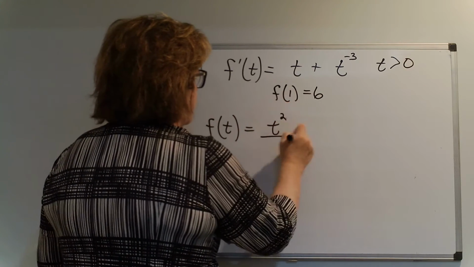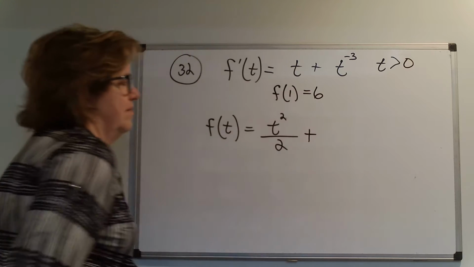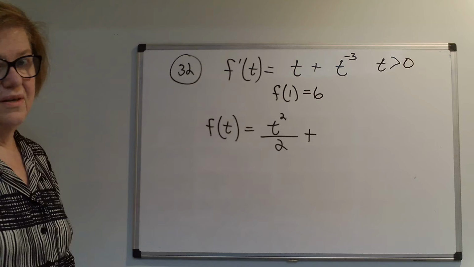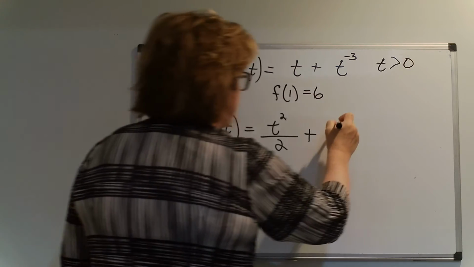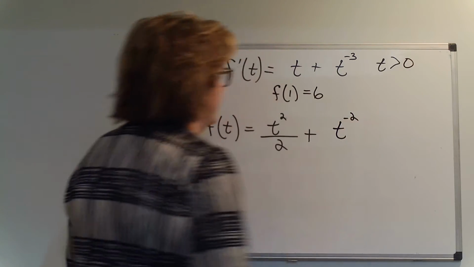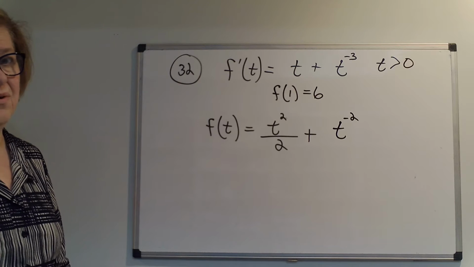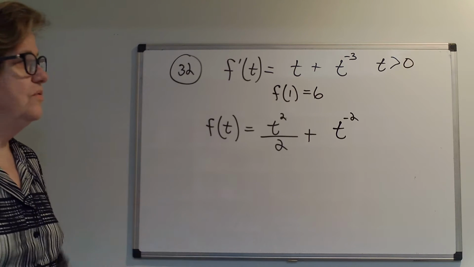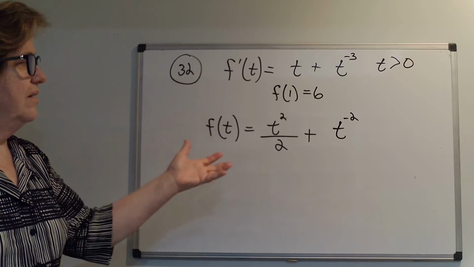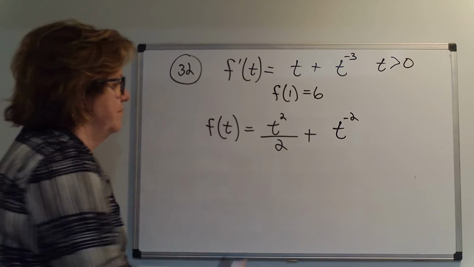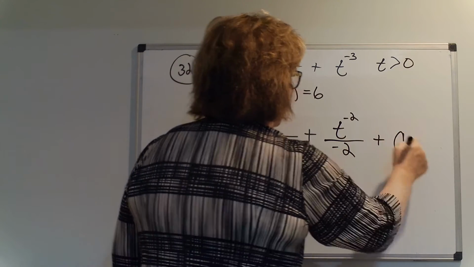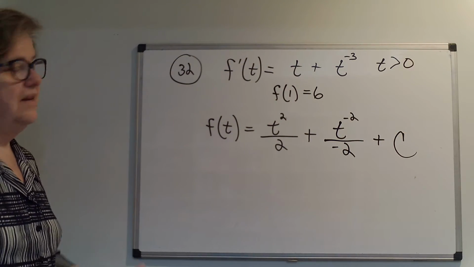So the first one is t squared over 2. Okay, gotta be careful. We're going to add 1 to the negative 3. That would give us a negative 2, not a negative 4. We add 1 to the negative 3. It moves it to the right on the number line, so we get a negative 2. And then divide by negative 2. And then we have some constant c.